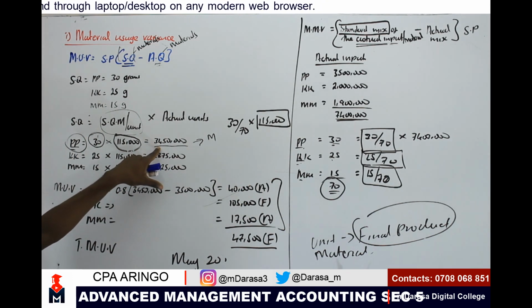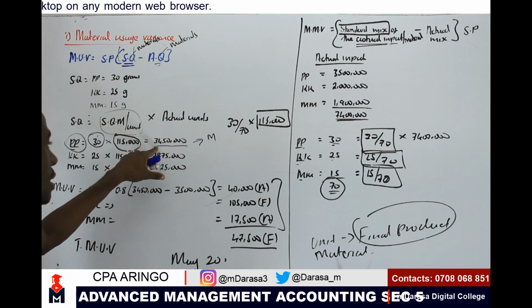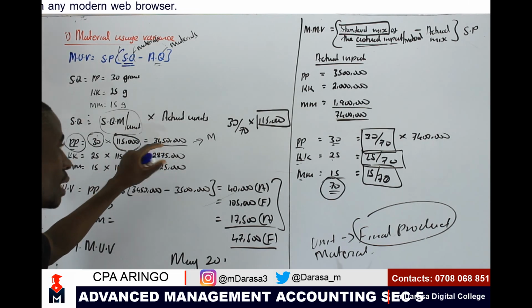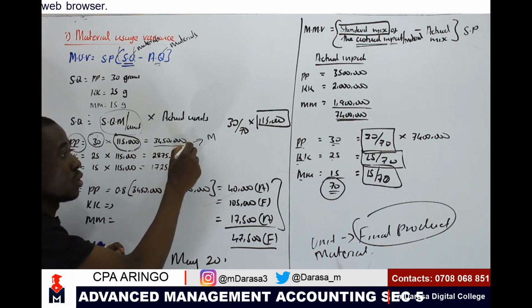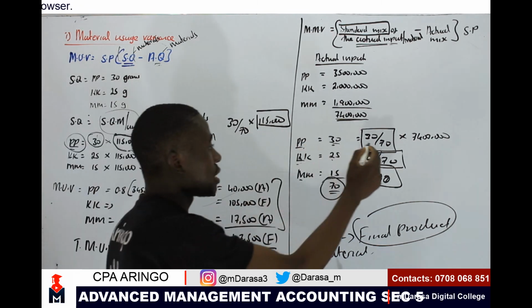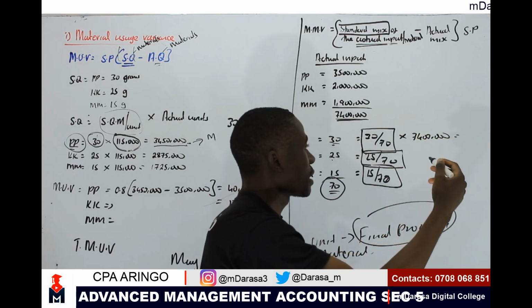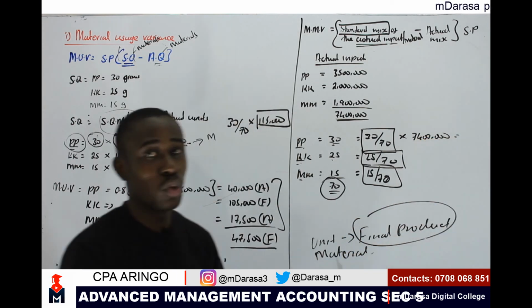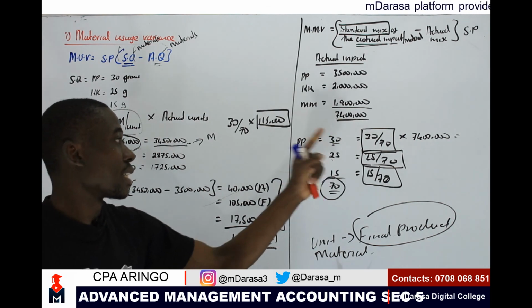And this is where it will come clearly to whoever had asked about the aspect of the standard mix and the aspect of the standard quantity. So this was our standard quantity of the material, and what I'm going to determine here should give us the standard mix of the material that we used in total. So in that case, how much will you be having?